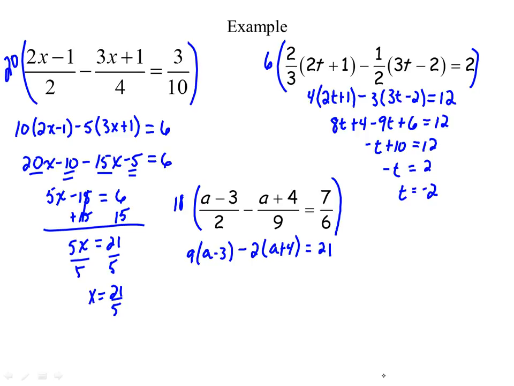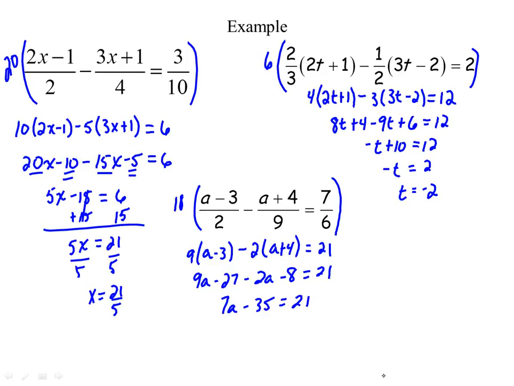Now we're going to distribute, so we'll have 9a minus 27 minus 2a minus 8 equals 21. So we'll have 7a minus 35 equals 21.